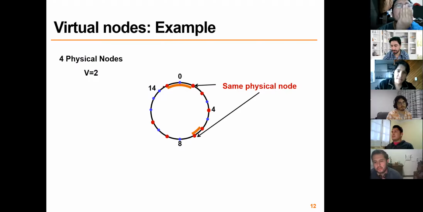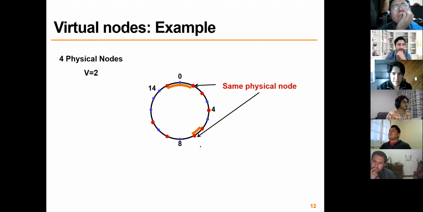So let me explain it here, which makes it much simpler. Imagine these are the nodes that I have in my virtual ring, connected to each other, but they are not necessarily physical nodes. They are virtual nodes. For example, this and this are the same physical server, because V is 2 here. So each server occupies 2 virtual nodes.